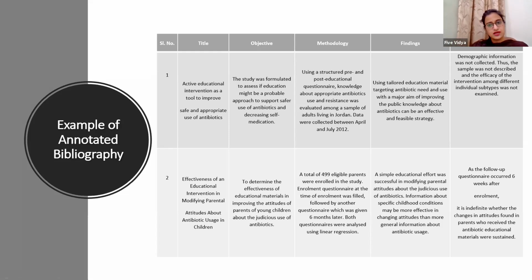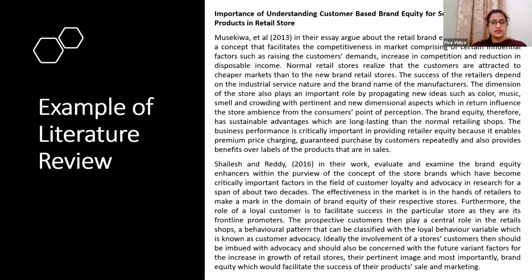Whereas a normal literature review looks like this. Let's say we have a specific topic: the importance of understanding customer-based brand equity for successful marketing of products in a retail store. Let's say I have read two papers. What I read in the first paper, I write down here in paragraph format.